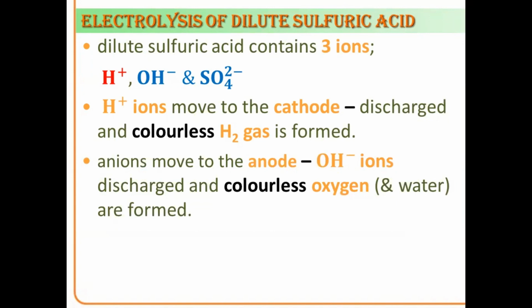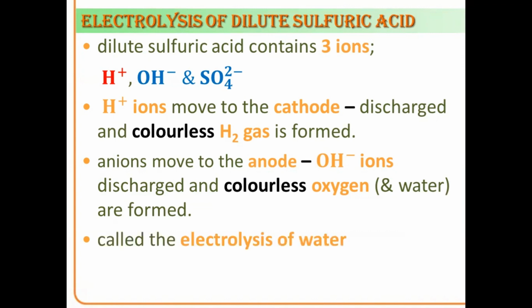So the competition is going to be won by the hydroxide ions, and they are going to be discharged. Water and oxygen are formed. So what do we observe? We are going to observe bubbles of a colorless gas, or if you want, effervescence of a colorless gas.